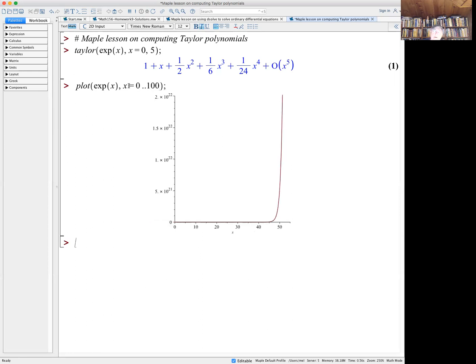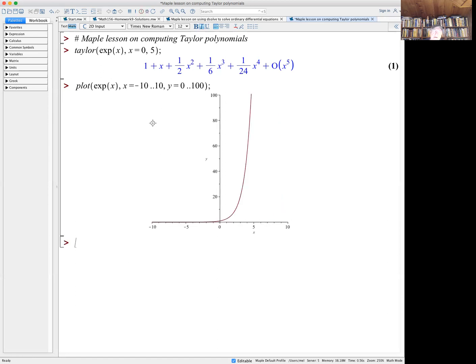Maybe that's a little bit better. Oops. Sorry, not x goes from 0 to 100. x goes from minus 10 to 10, let's say. And y goes from 0 to 100, because we know the exponential function is never negative. That's what it looks like.